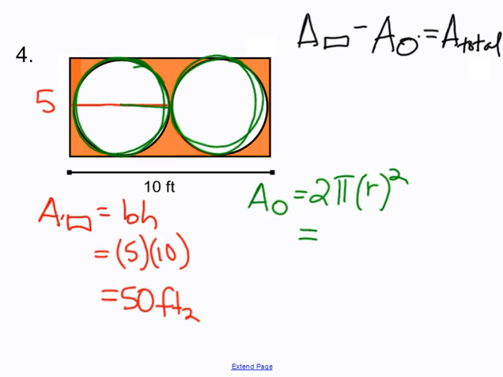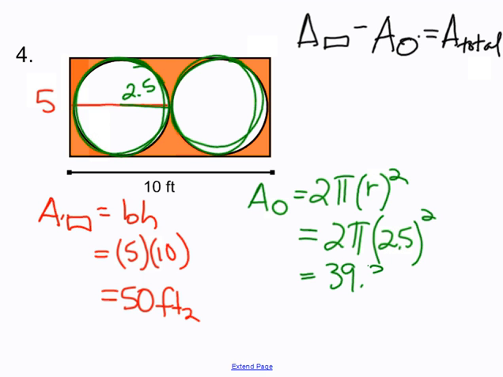The radius is half of 5, which is going to be 2.5. And when you do all that math, you end up with 39.3 feet squared.